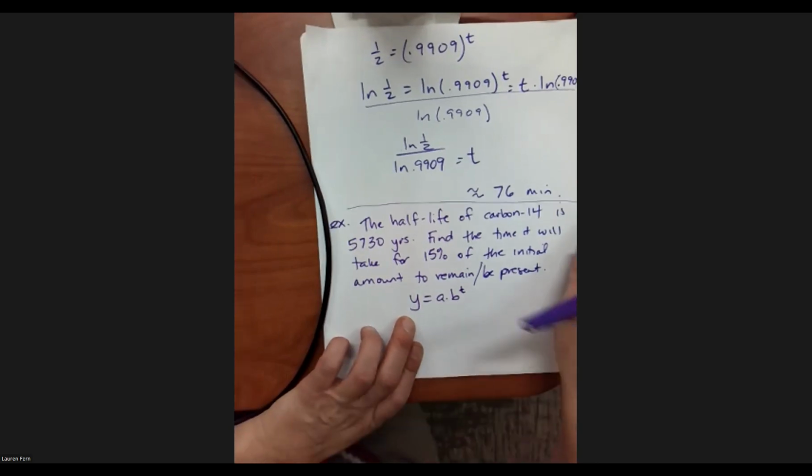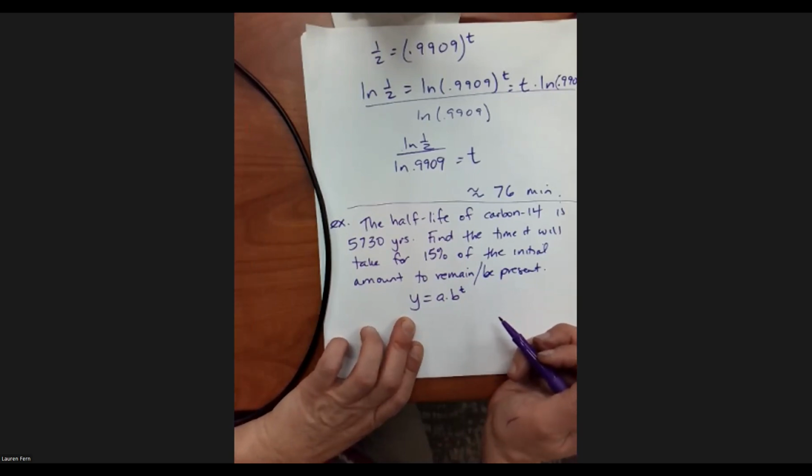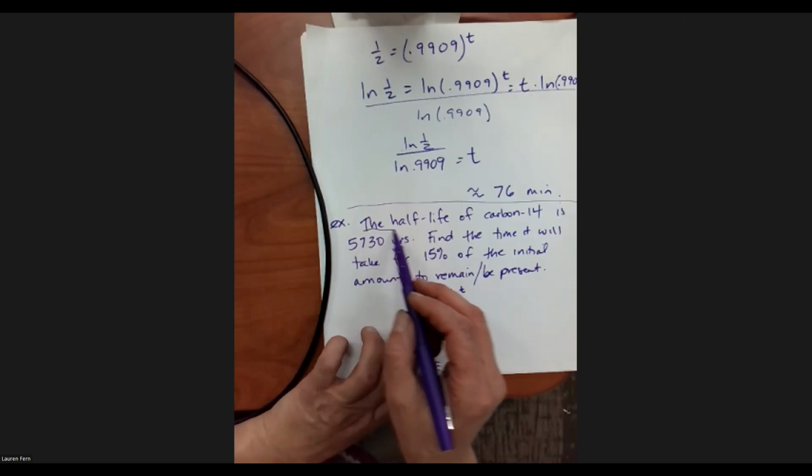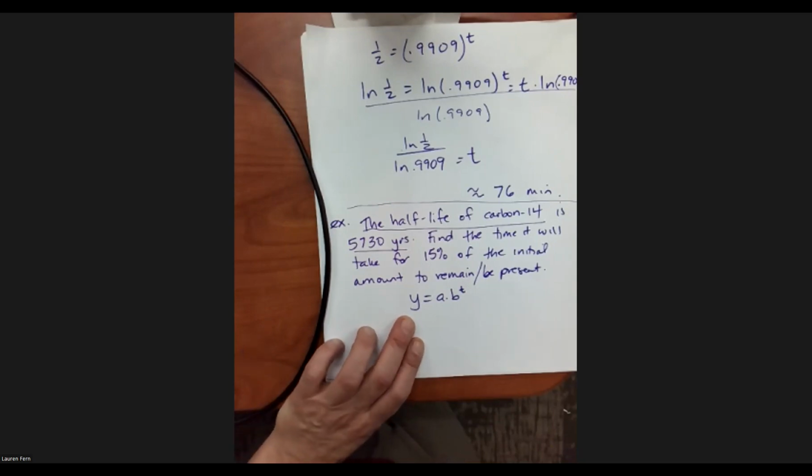Well, what information are we given for sure? What does my first sentence say? The half-life is 5,730 years.